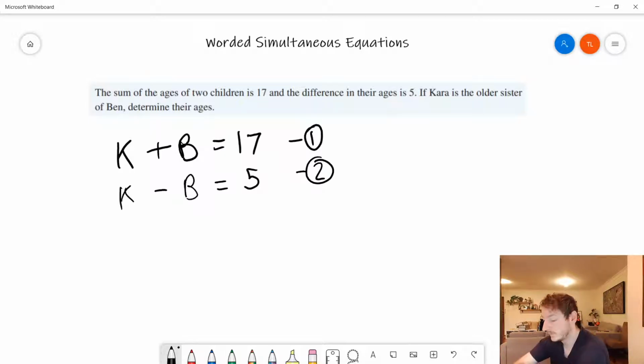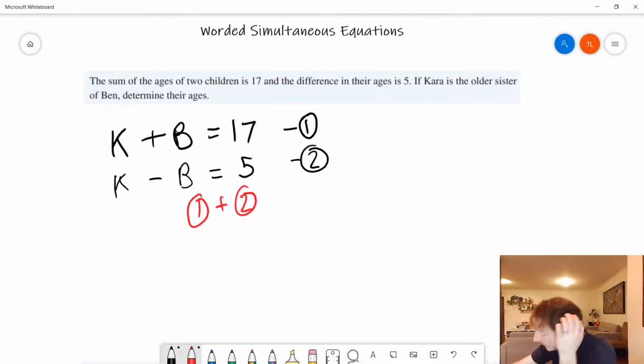Now, I'm going to either add or subtract them, because you can see here I've got 1k, 1k, or 1b, negative 1b, so either method is going to work. Why don't we add them? Equation 1 plus equation 2.